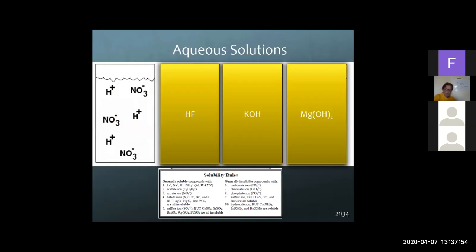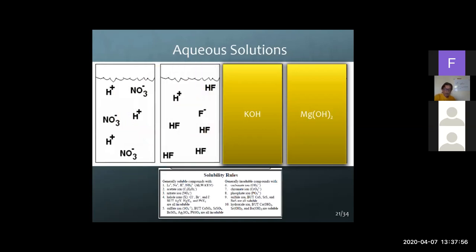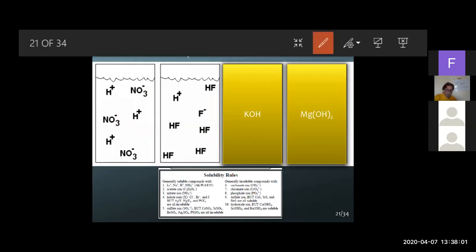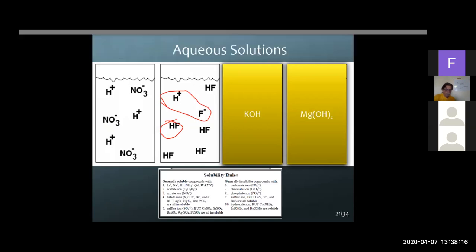The next one, HF, we know it's a weak acid. And so being weak, I got to show that I have some units that are still combined. And then obviously the ions with the charges to designate that it's a weak acid.